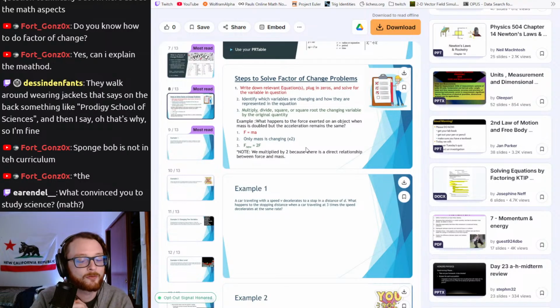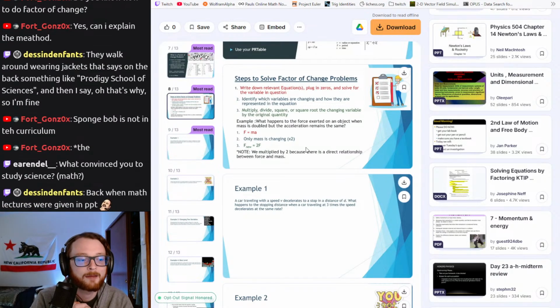Irondale, what convinced me to study science math? It's a good question. So, I first got interested in math in senior year of high school. When you're 17 or 18 years old, I took my first calculus class, and I realized something I was learning in my physics class that didn't use calculus could be explained with calculus.